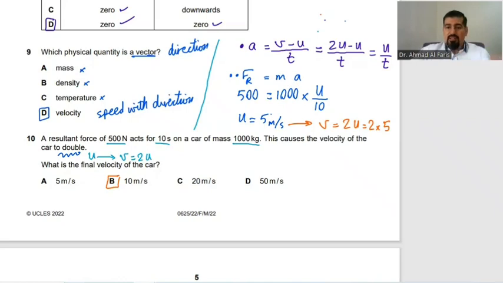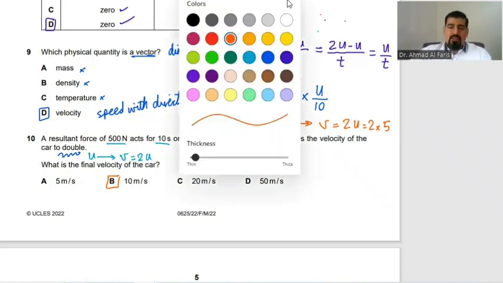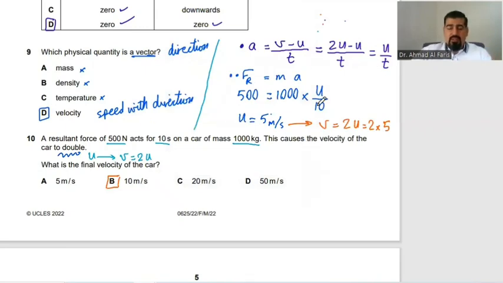This is the easiest way to answer this question. We have a lot of unknown values that we have to put together. So the acceleration equals v minus u over t. The v is double u, so 2u minus u is u over t, and t is 10 seconds.